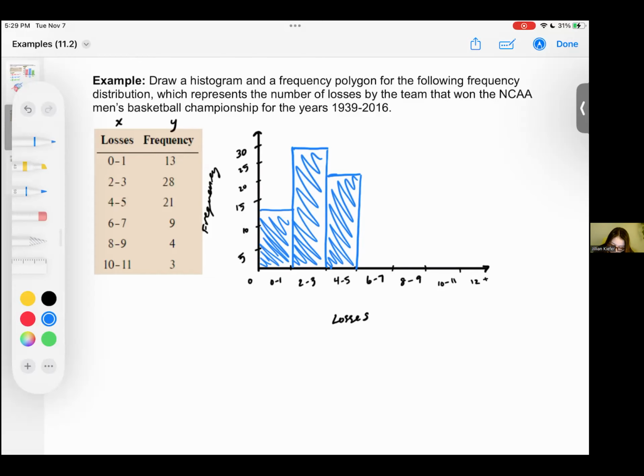So now we're really going to take a dip here. And then 8 to 9 is 4, so even less than 5. And the last one is 3, so just a little bit less than the one before.